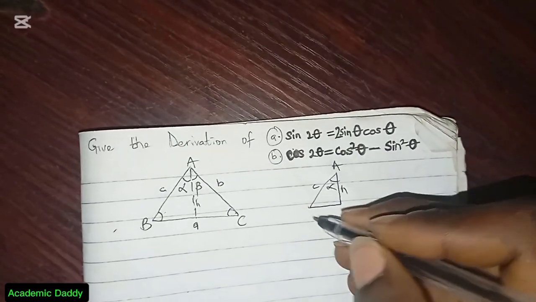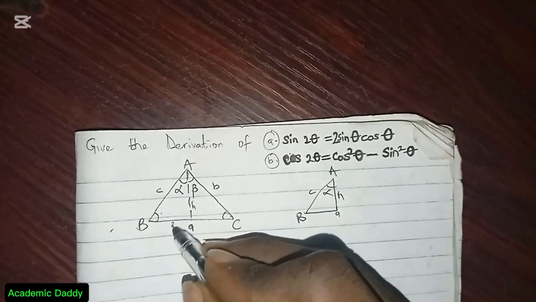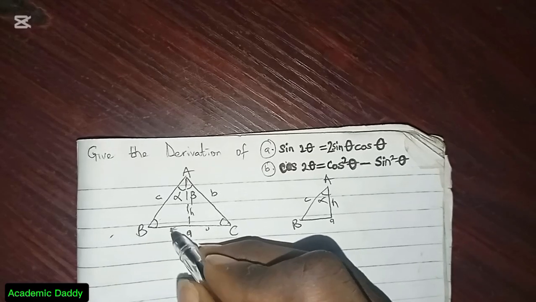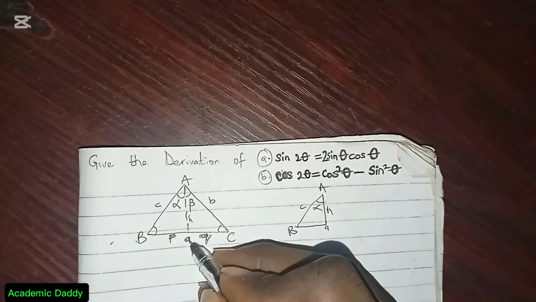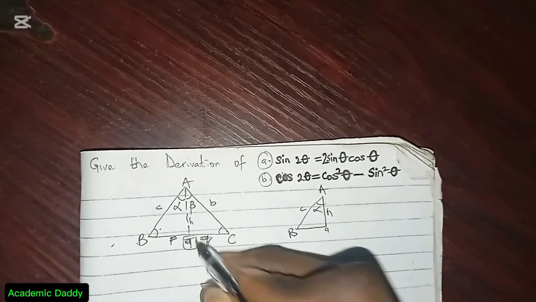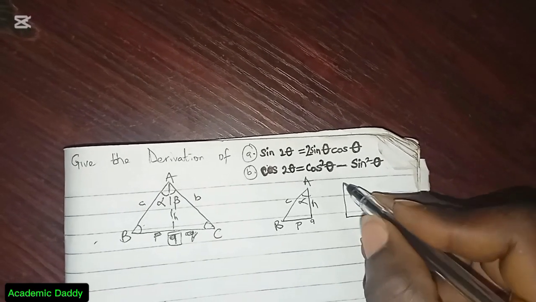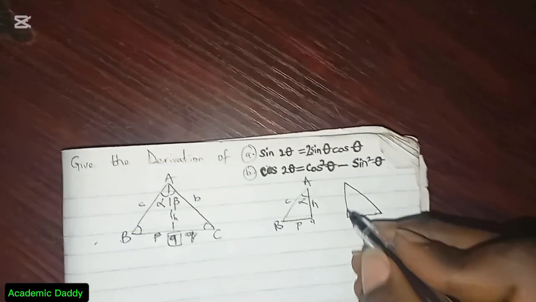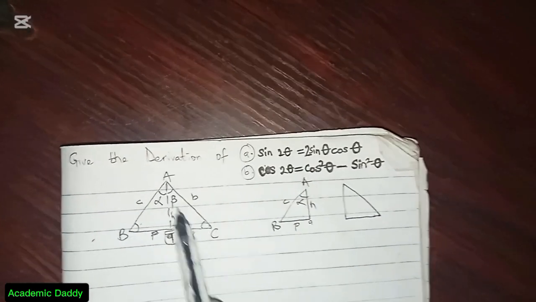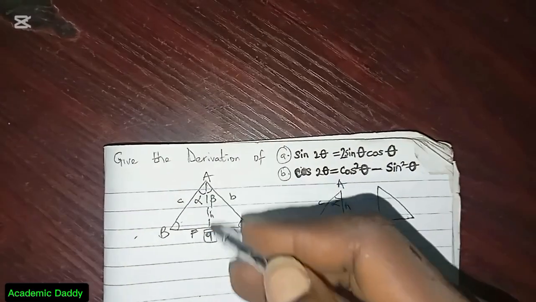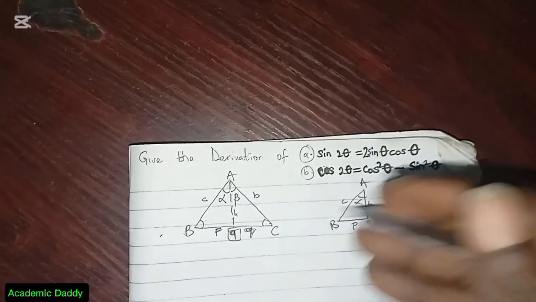So I can say this is H, this is B, and this is A, the small a. Or let's say I call this side X and this side Y. Or let's say I call this side P, sorry, and this side Q. So this is A, and let's say this is now P. What I'm doing is just dividing the equilateral triangle into two equal parts, and when I divide it, it looks like a right angled triangle, because a straight line this way and a straight line this way make 90 degrees.